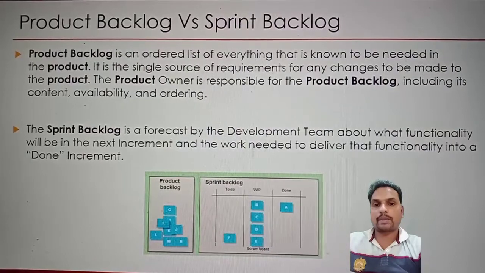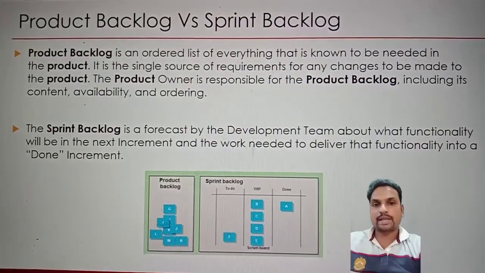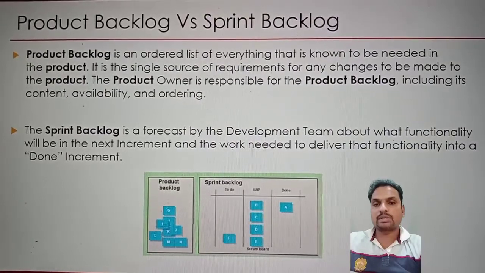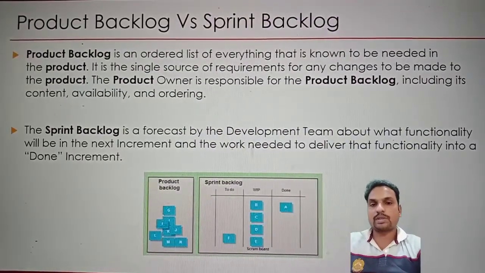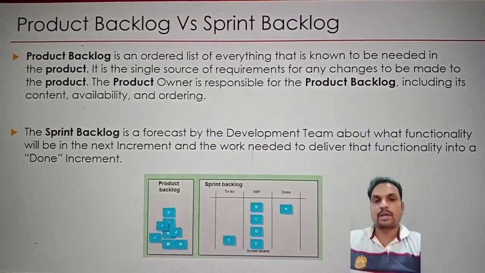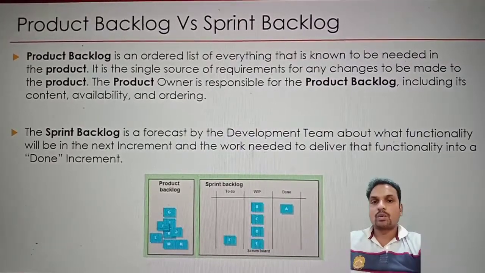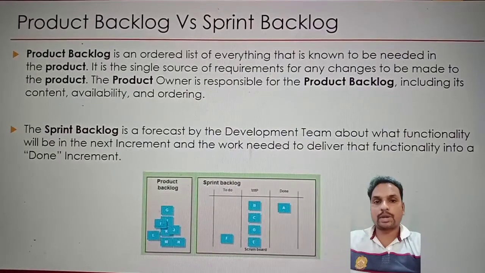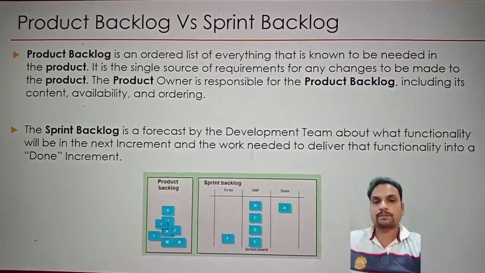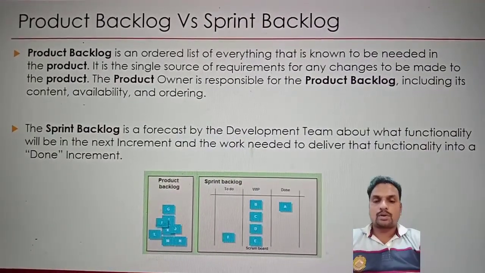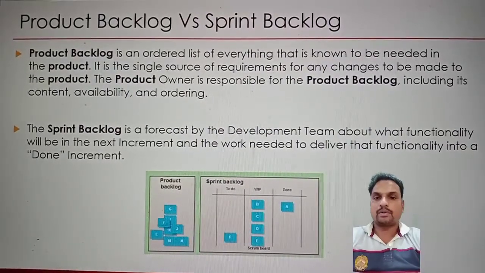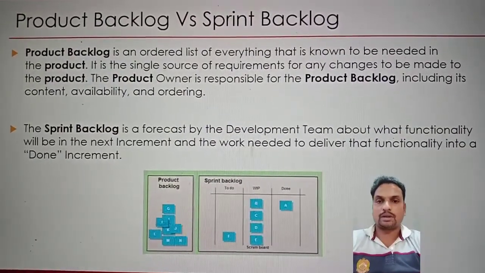Different stakeholders like end users, executives, as well as team members will provide their wish list of what could be part of this software. But the sprint backlog is what you are going to develop or include in your particular sprint. The product owner is responsible for the product backlog, whereas the development team is responsible for the sprint backlog.